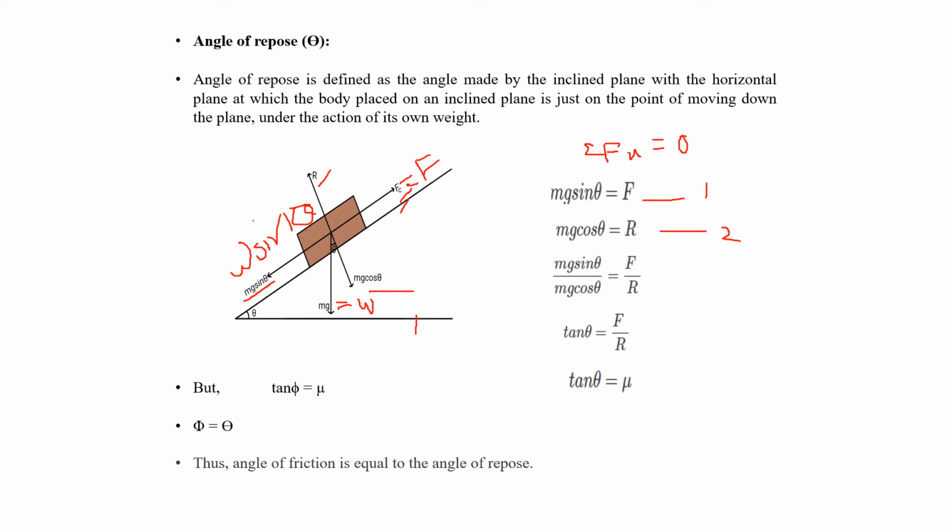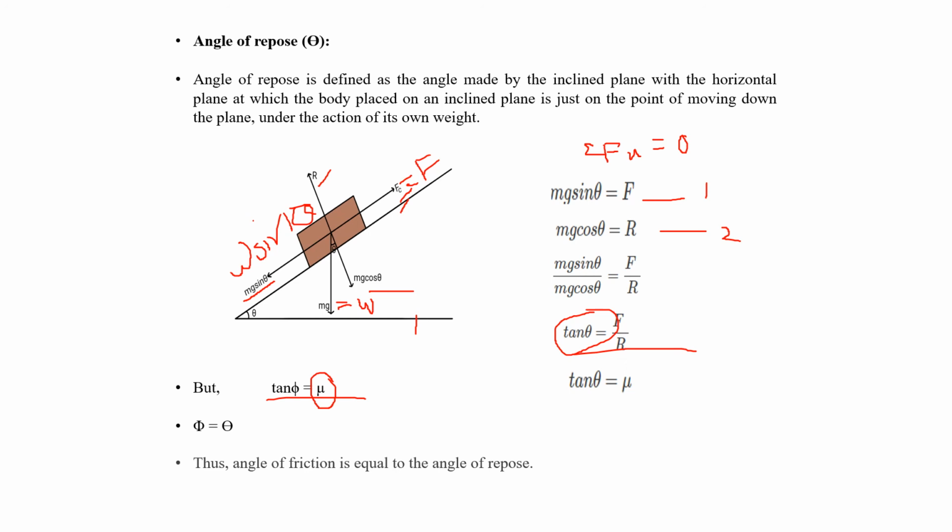As we have seen, tan phi is equal to mu in the angle of friction. So from these two, we can take tan theta and mu. So tan theta is equal to mu, and phi is equal to theta. So this phi is equal to this theta.